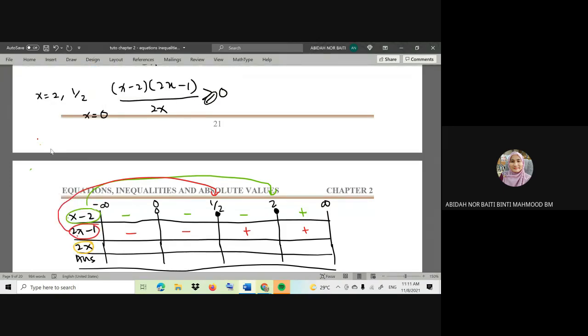For 2x, the point is 0. To the right of this point, we follow the sign of x here. If your x is positive, so to the right of this point is positive, and to the left of this point is negative. So kita boleh darablah dia punya sign.